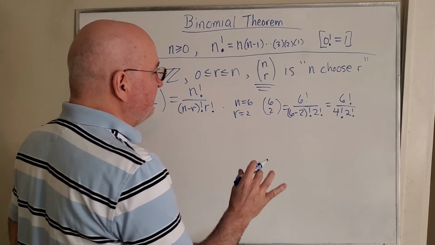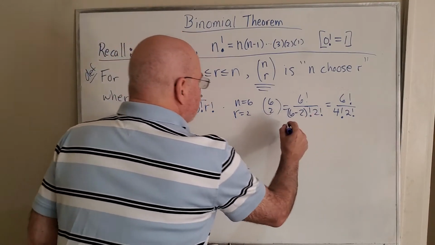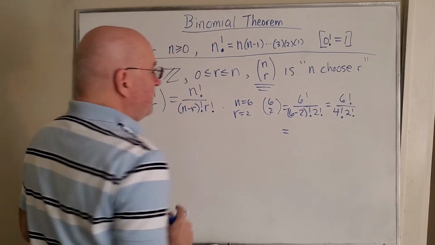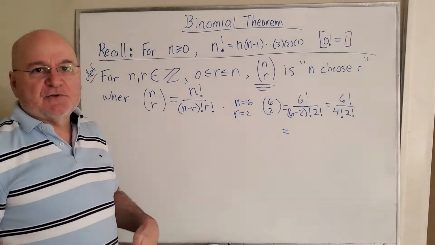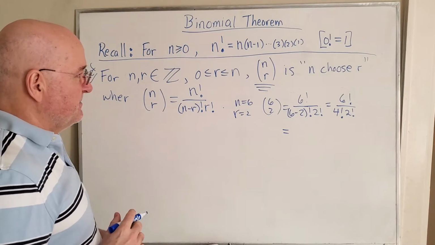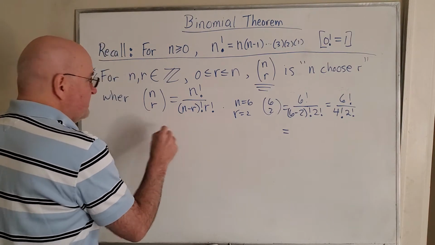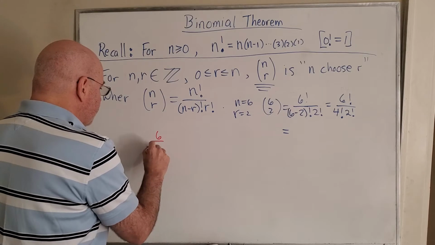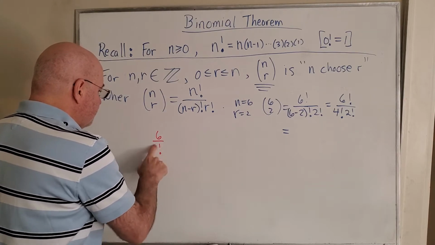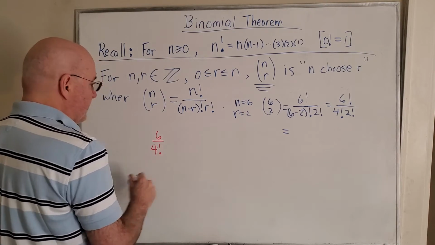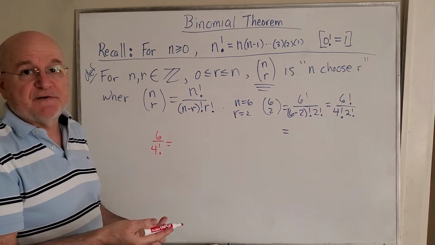And now the beauty of factorials is that they cancel very nicely when you have fractions. Just as a note, let's ignore the 2 factorial for a minute. 6 factorial over 4 factorial is just 6 times 5.